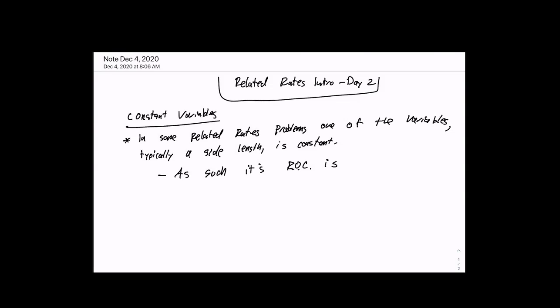This is the easiest one in all of calculus. If the variable is a constant, then its rate of change, aka derivative, is 0. I.e., if x is constant, then dx/dt is 0.